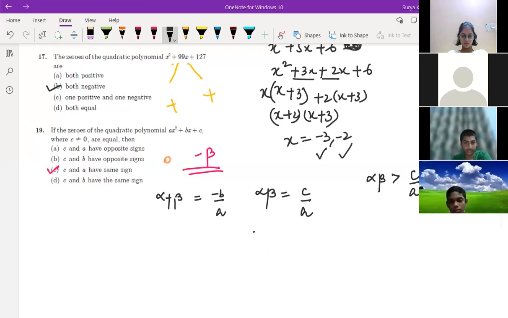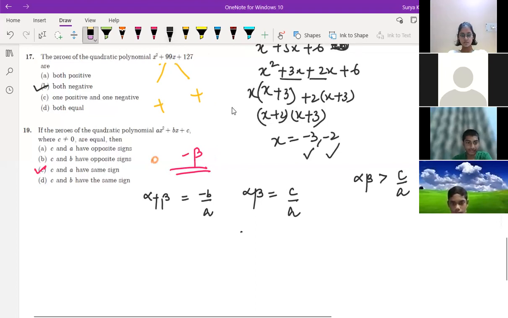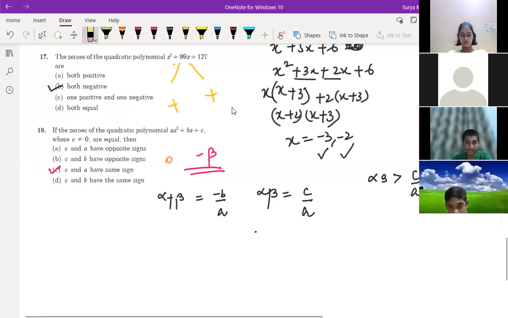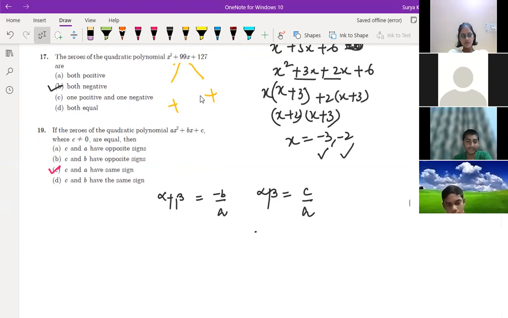Or alpha beta, if you multiply, they're using the quadratic equation, one minute, the discriminant part. Yes, sir. They're using the discriminant to find the answer, like b squared minus 4ac equals 0, so b squared equals 4ac. One minute, let me think.